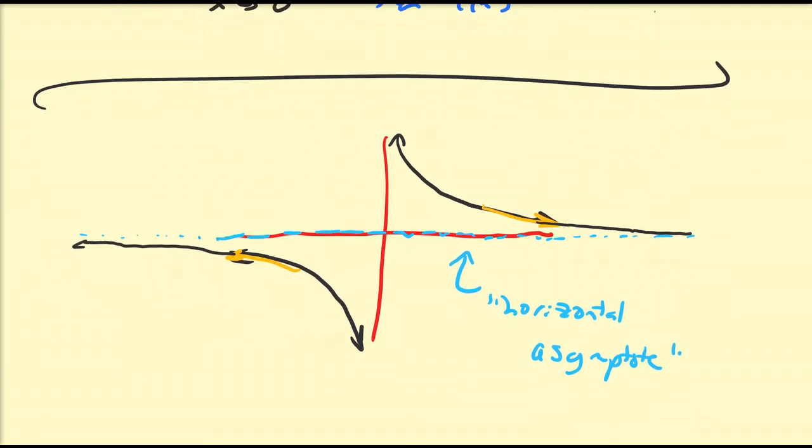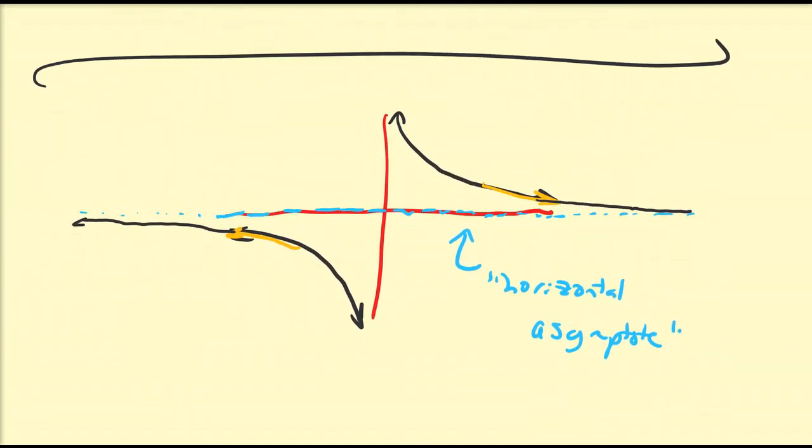It's horizontal because it's laying on its side. And this word asymptote means it's just some curve or line that this curve approaches but never ever touches, at least in the finite spectrum. And this horizontal asymptote in this case is of course the line y is equal to 0.